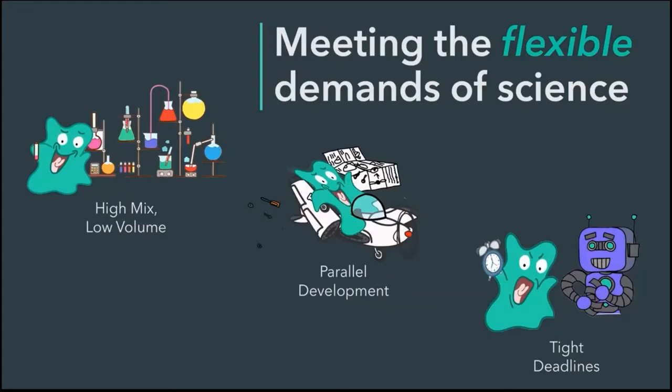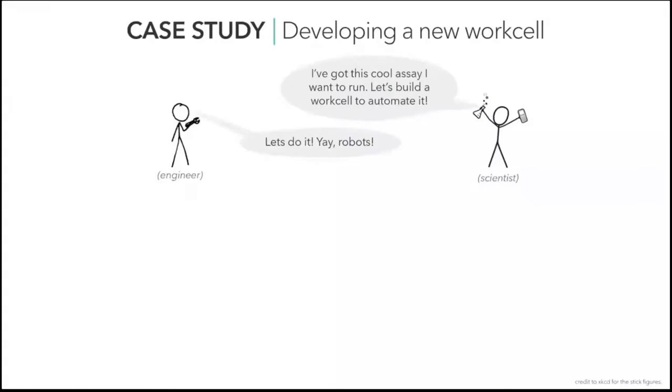So in either of those scenarios, we may be asked to automate on extremely tight deadlines, automating a process in the span of weeks to take advantage of an exciting or time-sensitive opportunity. And in practice, we don't deal with one challenge at a time. We often run into all 3 simultaneously. So let's set the stage for a time when we had to handle all 3 of these constraints: a high-mix, low-volume environment, parallel development, and tight deadlines.